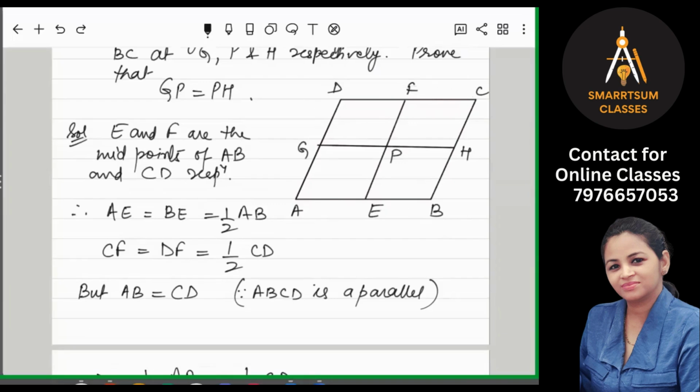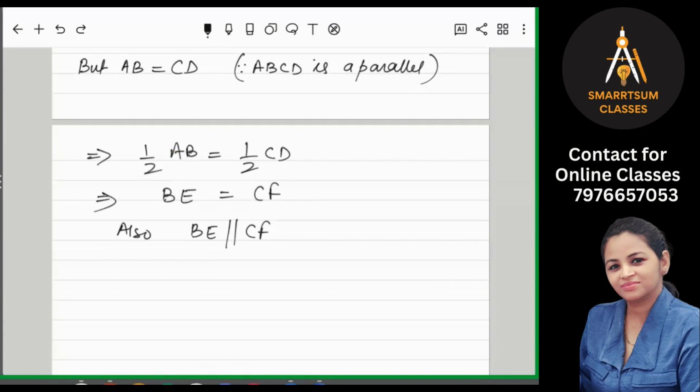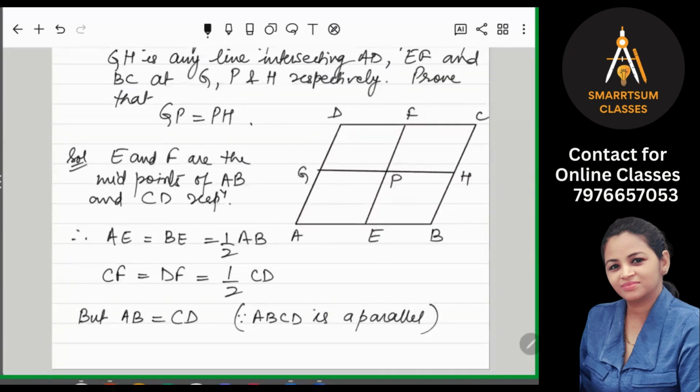Getting that? Okay. So can we say that since BE is equal to CF and BE is parallel to CF, BEFC is a parallelogram? That means this is a parallelogram, this is the smaller part.